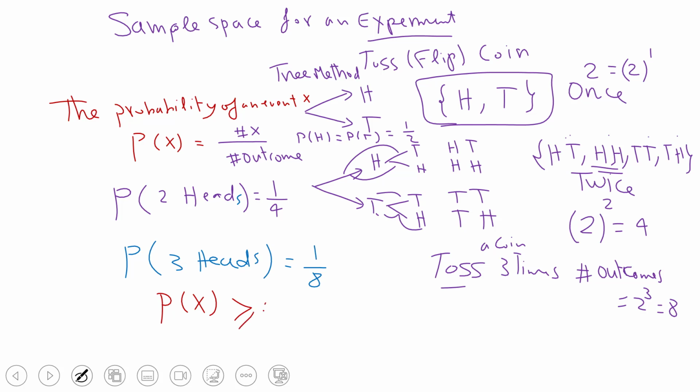So you notice the probability is always bigger than or equal to 0 and less than or equal to 1. How could it be 0? If I'm asking you the probability of having, say, number 8 on your coin, do you have number 8 in your coin? No. So the probability is 0. Sometimes the probability is 0 when the event is not in your outcomes.